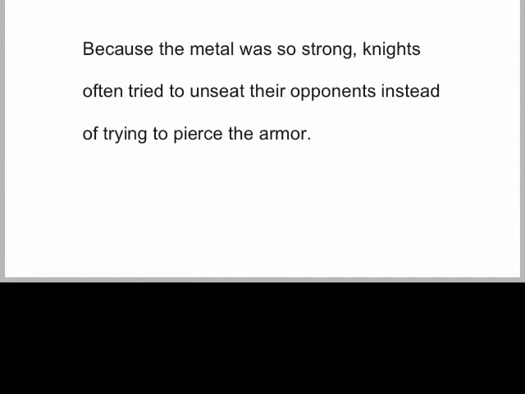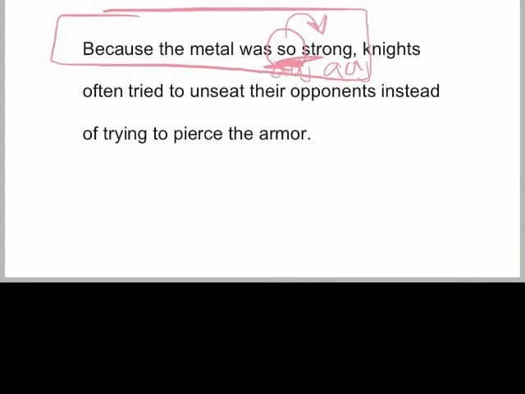We had a lot of people using so as a conjunction, but so in this case is modifying the word strong. So this is actually an adjective or a modifier. We have another adjective there.